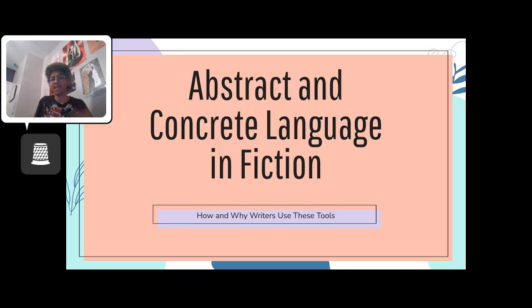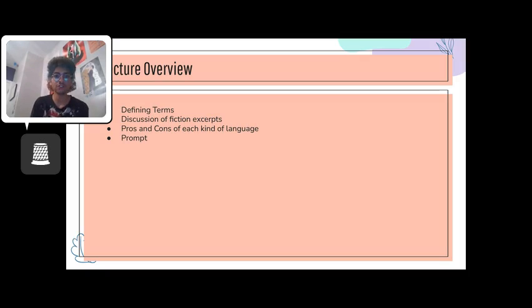This is going to be a brief lecture on abstract and concrete language in fiction and how we as writers can use these tools to our advantage. First, I'm going to go through an overview of what we're going to be talking about. I'm going to start by defining terms. I want to make sure we're all on the same page when it comes to the rest of the lecture.